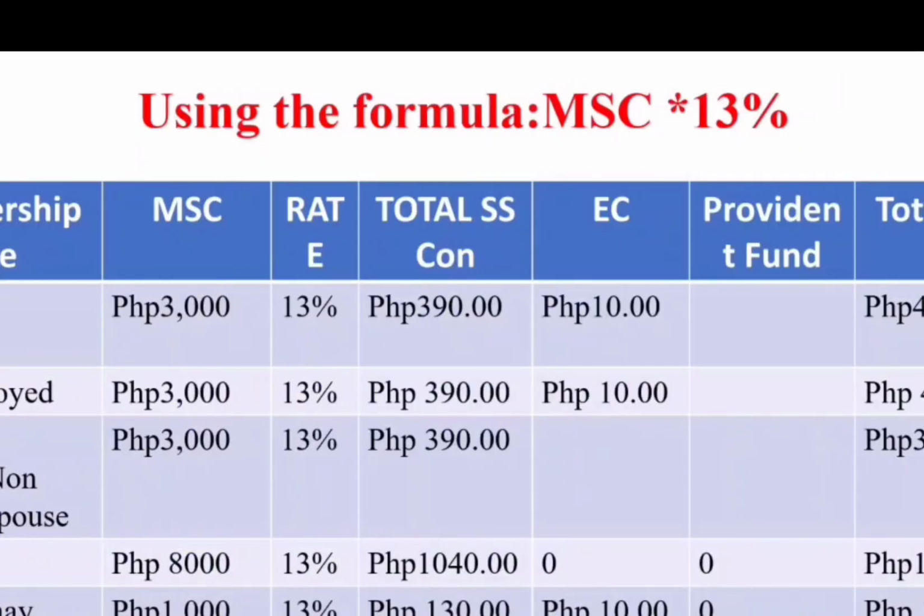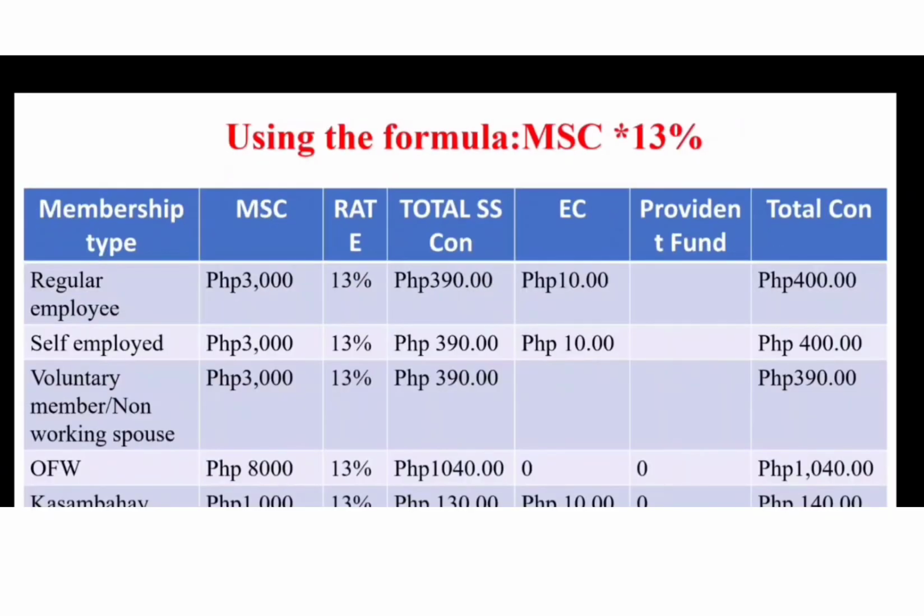May isa tayong way to compute for the total contribution aside doon sa table. So, pwede nating i-multiply directly yung MSC mo, multiply by the 13%, makukuha mo yung total SS contribution. Then, saka mo idagdag yung EC at Provident Fund kung meron man para makuha natin yung total contribution.